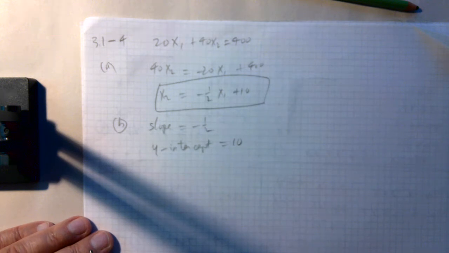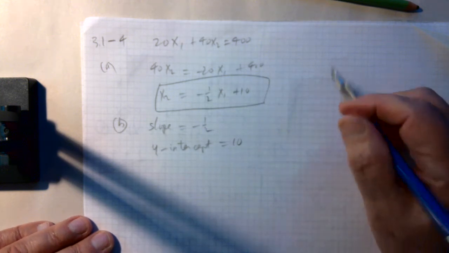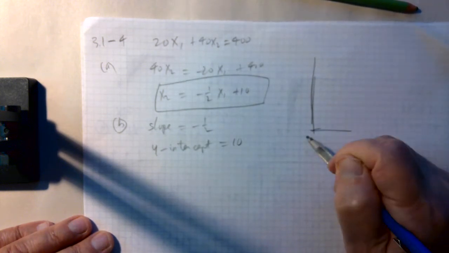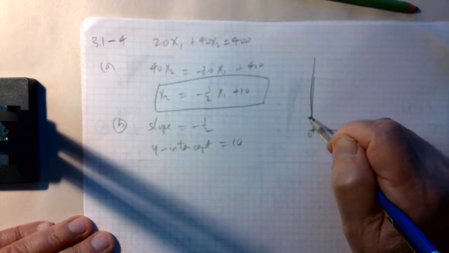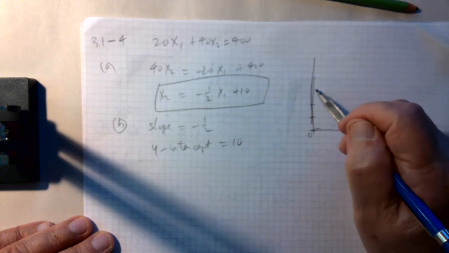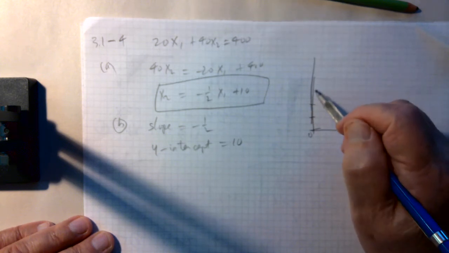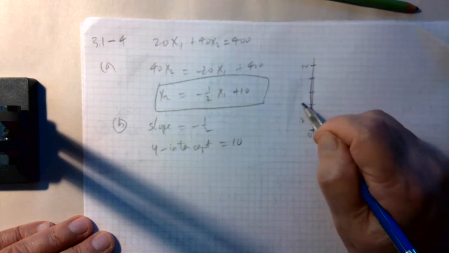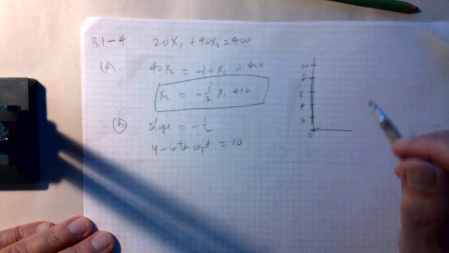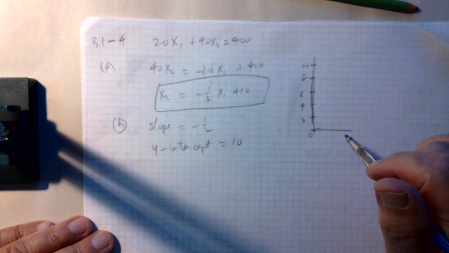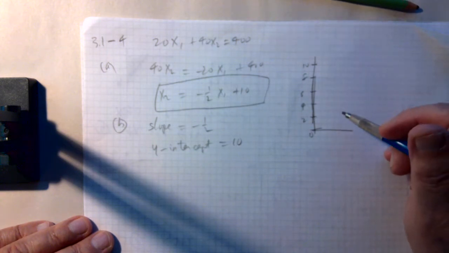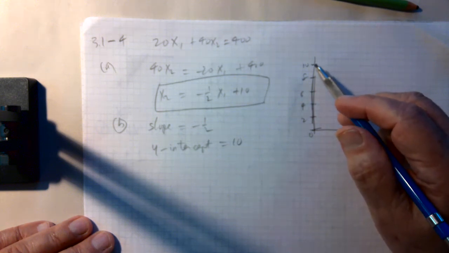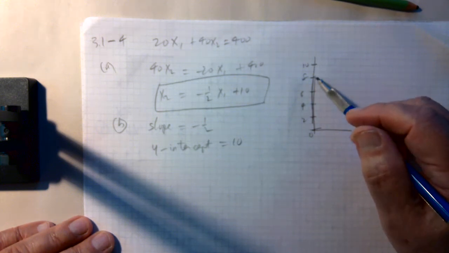And to graph the line, 0, 2, 4, 6, 8, 10. The line is y-intercept 10 and slope -0.5. So if you go over 2, you go down 1.